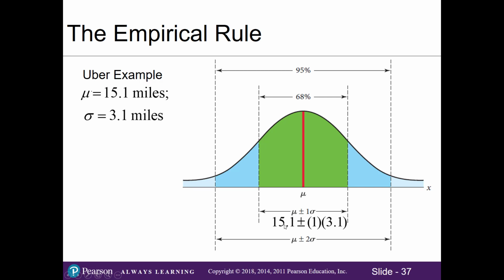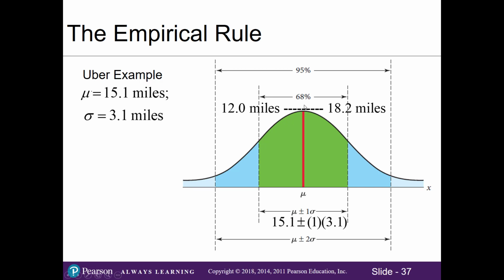So here's my mean of 15.1, plus or minus, plus because we're going up, and minus because we're going down. And one standard deviation is taking our 1 multiplied by our standard deviation of 3.1. So we'll take 15.1 plus, and when we multiply anything by 1, it's itself, so 15.1 plus 3.1 and 15.1 minus 3.1 is now going to tell me the typical range of data, or miles per ride, I can expect.